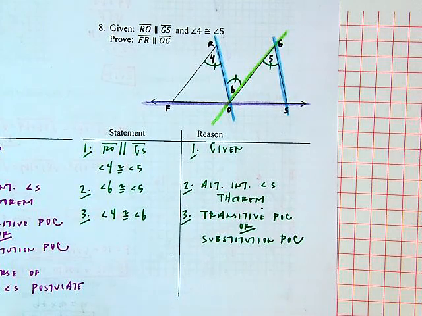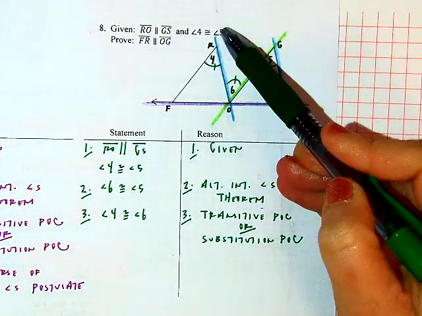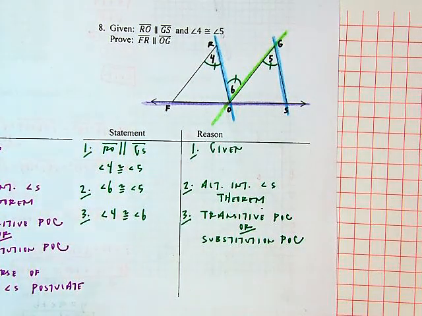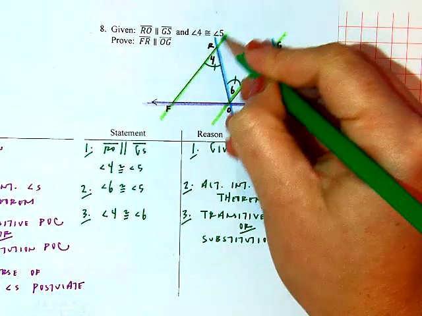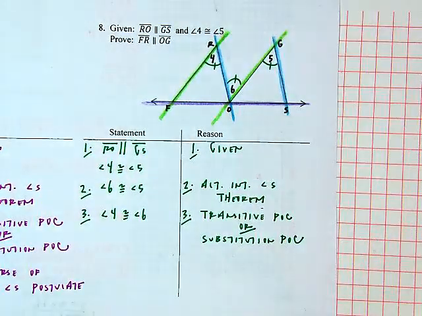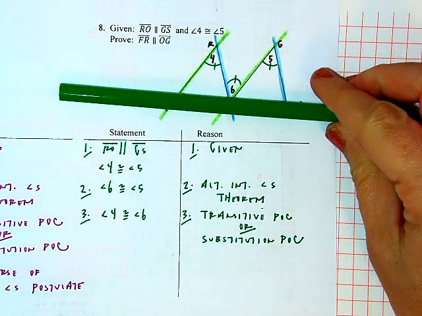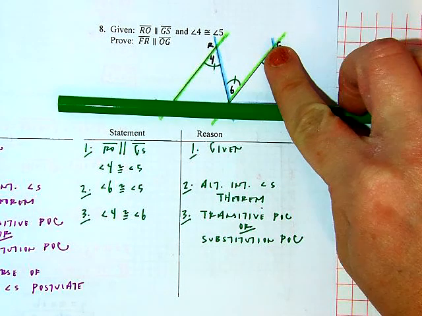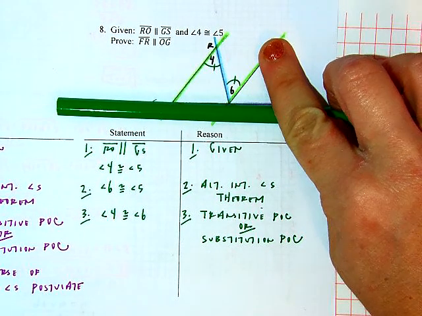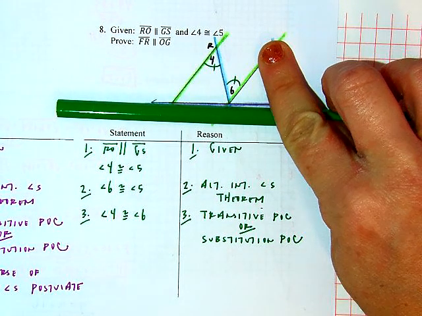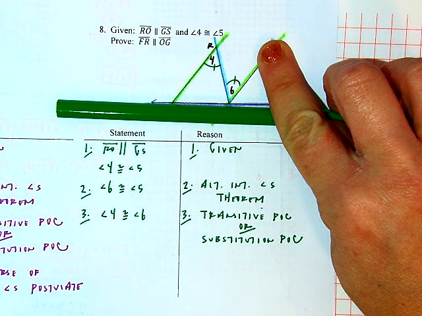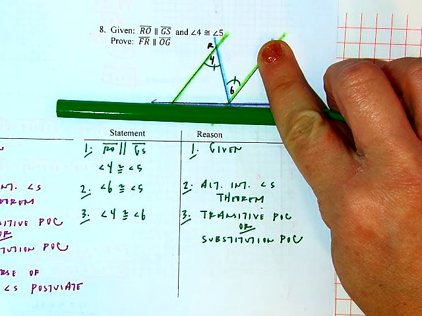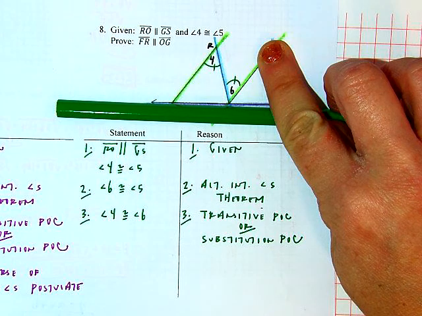Okay, so now if my end game is to get to FR and OG, let me just shade those in green, and then block out my noise. So maybe I'll cover this part up and then block this part out of view for just a moment. Right, how are 4 and 6 related? Well, 4 and 6 are alternate interior angles, and since I know that those angles are congruent, that's what's going to lock those pathways into a parallel position.